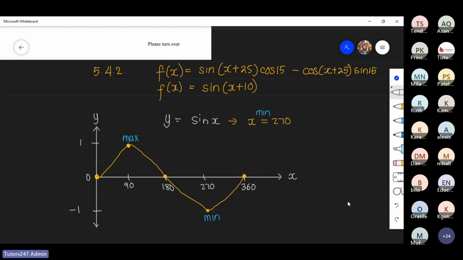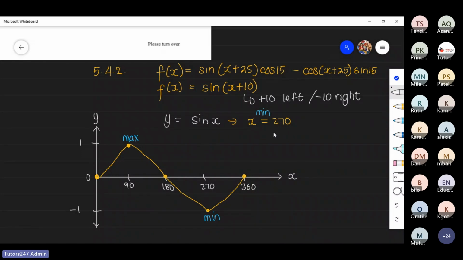If it's a minus sign, it means right. So I'll make a note of that. Plus 10 means left and minus 10 means right. Horizontal shifts are the opposite. It's the same with parabolic functions and hyperbolic functions and cos and tan functions. If it's plus 10, it's left, minus 10, it's right.